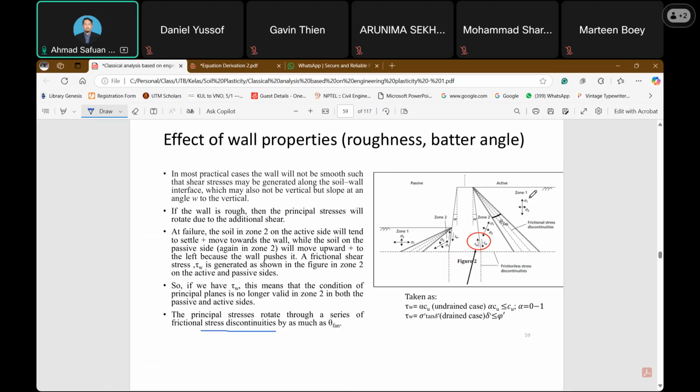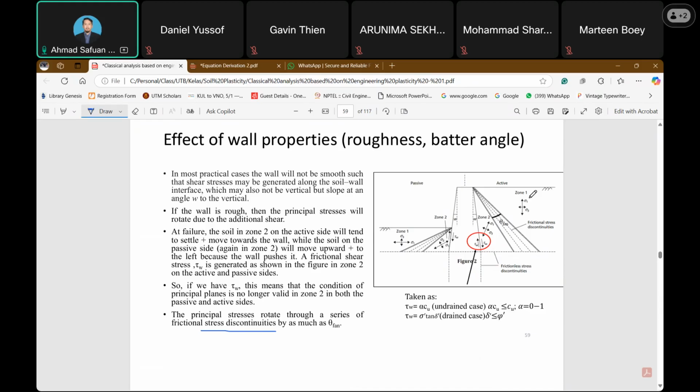This happened due to the situation where the principal plane cannot have any shear stress. So in that case, they need to rotate. So it deals with the stress discontinuity conditions.